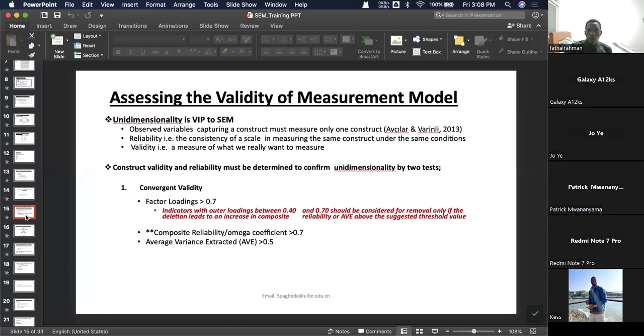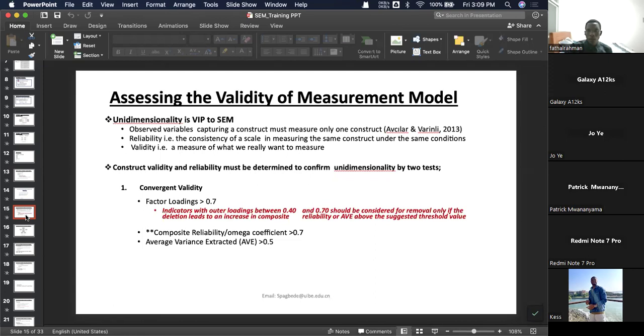It is very important for us to test for this concept of unidimensionality in structural equation modeling, and for that we have two basic ways of doing it. The first one is what we call convergent validity. Convergent validity is simply telling us how correlated the items of the indicators are with the latent construct.